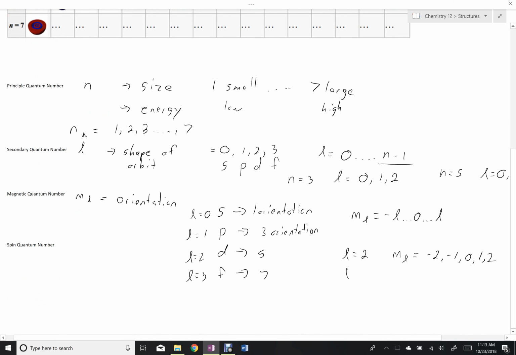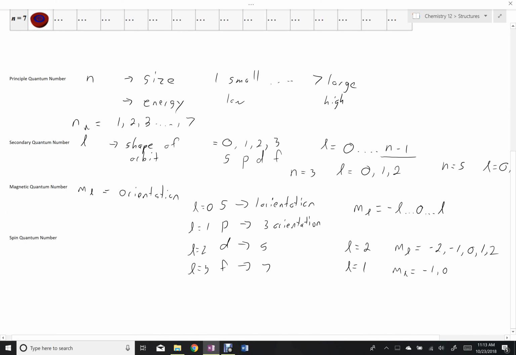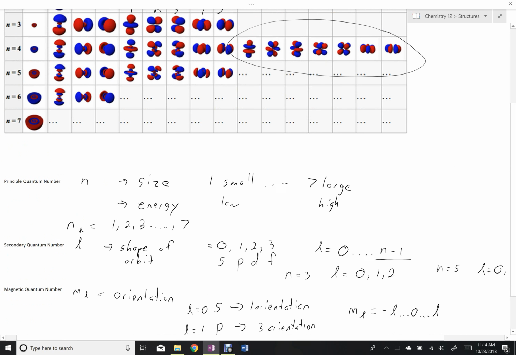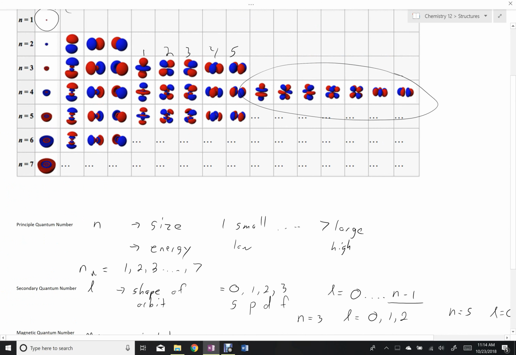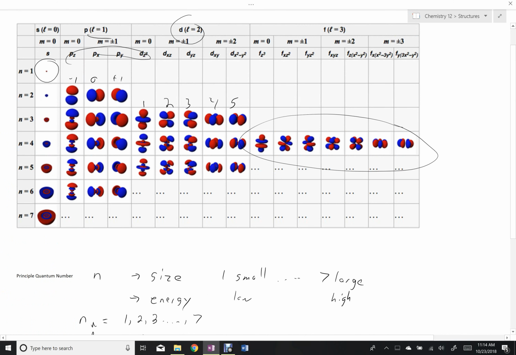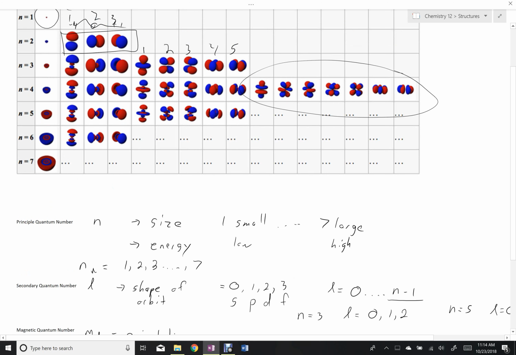If l was only 1, then ml would range from -1 to 0 to 1, representing the 3 possible orientations, which correspond to the 3 p orbitals.